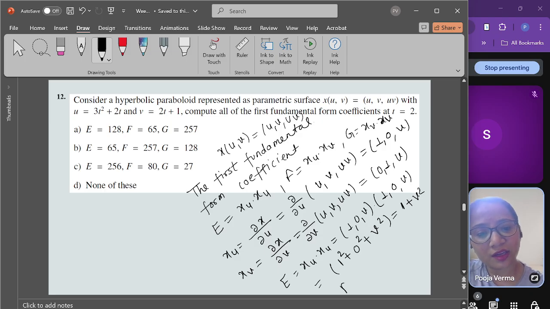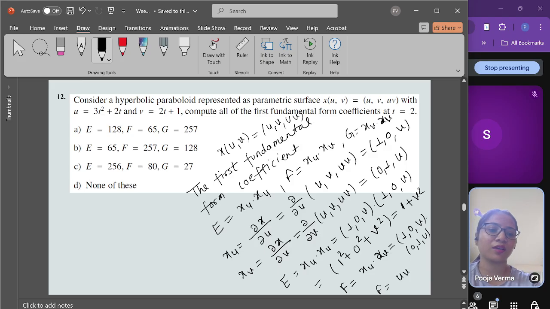Similarly, you can calculate F also, x_u dot x_v. x_u is (1, 0, v), dot product with (0, 1, u). So F, if you calculate, you will get uv.